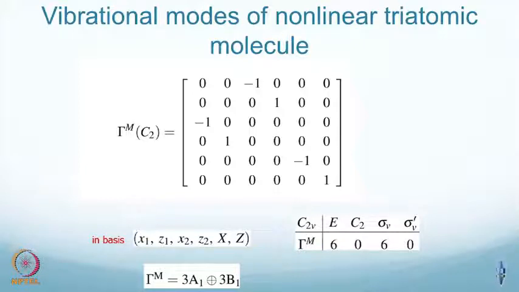Capital X and capital Z is not quite invariant, X also changes to minus X under C2, okay. No, the larger molecule remains fixed, the X coordinate is going to get to minus X, Z will not change.